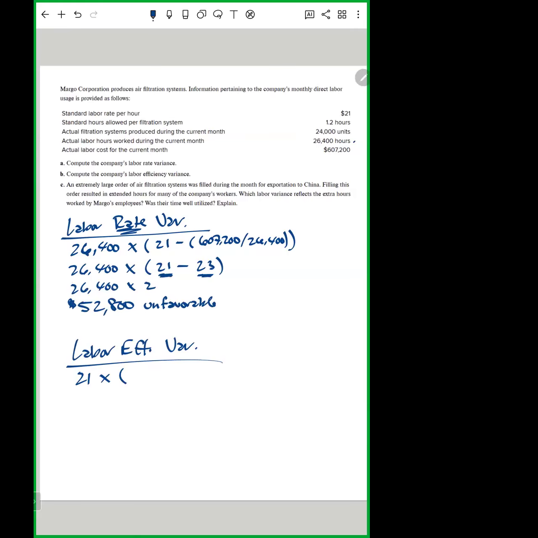Multiply that by our standard hours. Standard hours per filtration system is 1.2, and we produced 24,000, so 24,000 times the 1.2. And then we're going to subtract that from the actual hours, which was the 26,400.